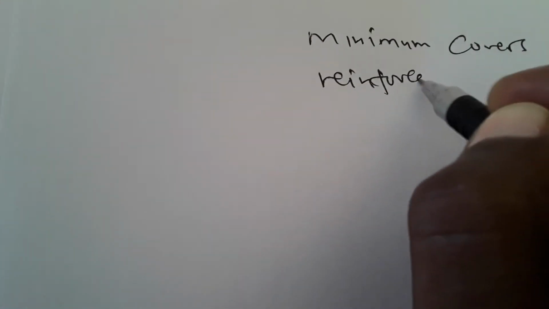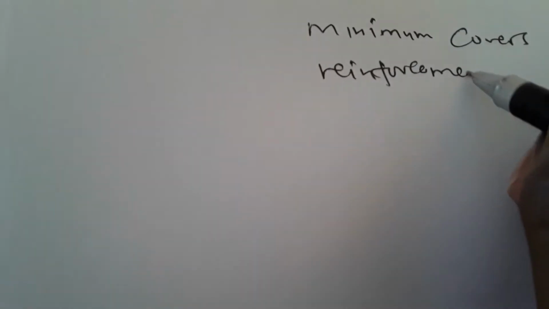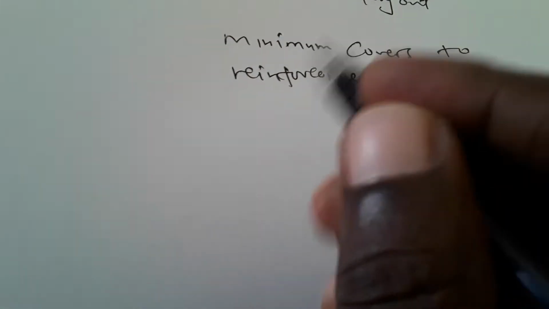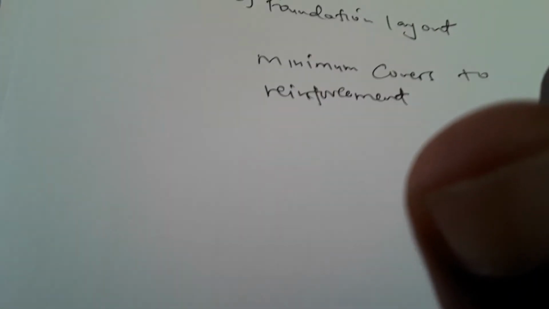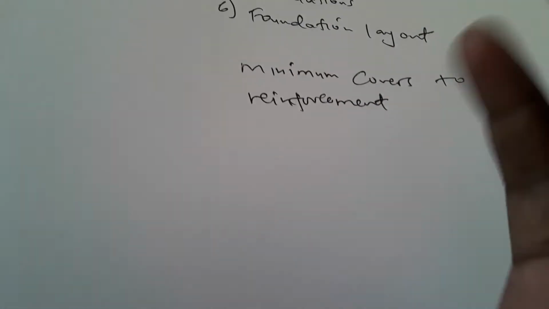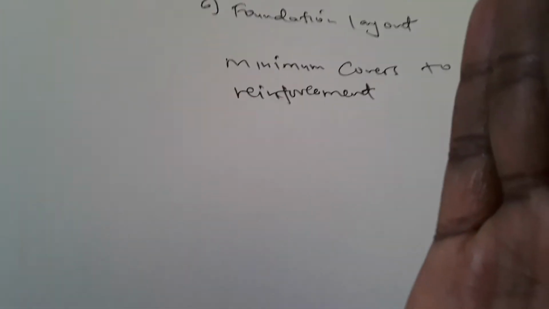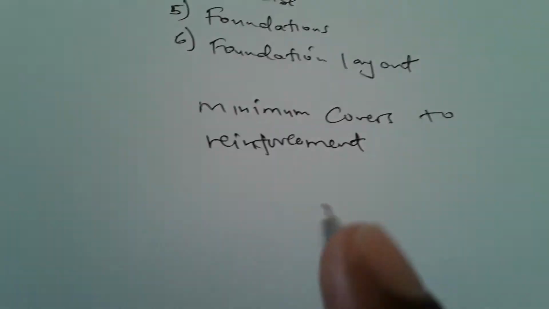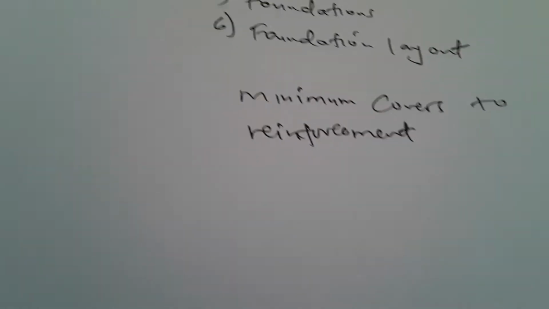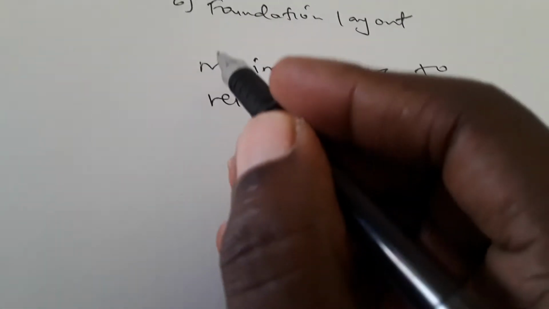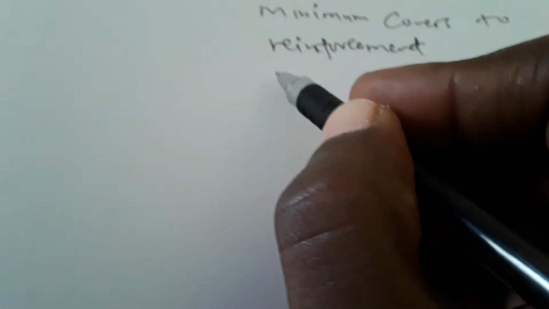Minimum covers to reinforcement. That is the cover, that is the thickness of concrete that covers the reinforcement so that it cannot be seen. Because the reinforcement is not supposed to be seen when the concrete has been casted.